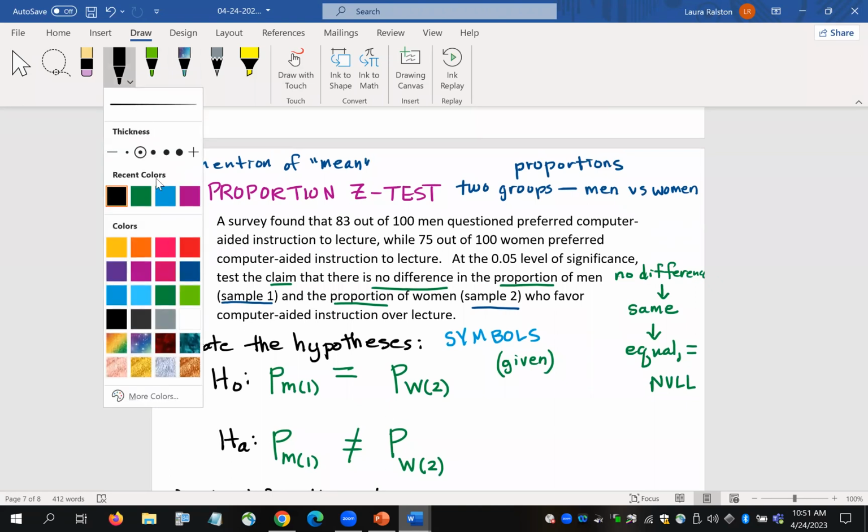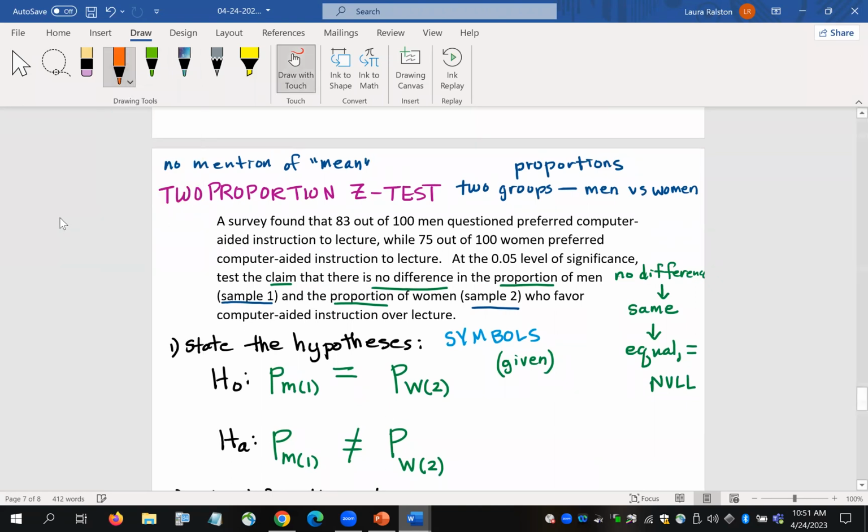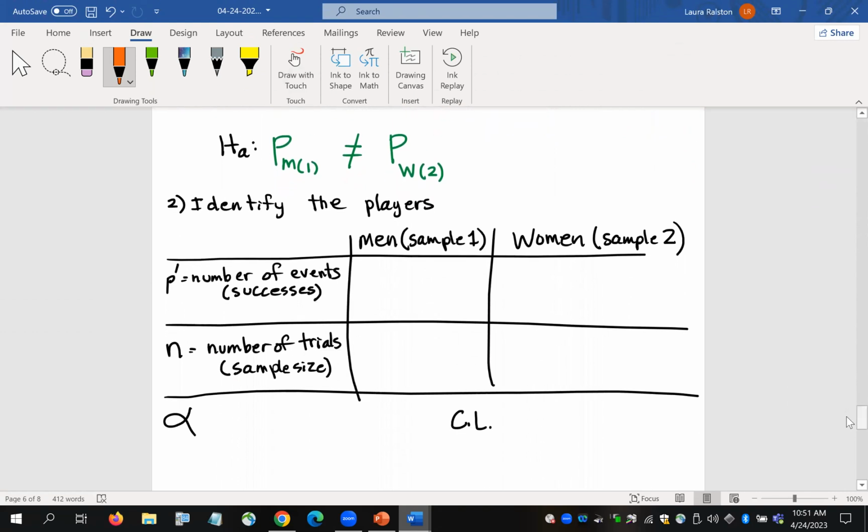If I go back and read, it says a survey found that 83 out of 100 men. So I had 83 successes and 100 trials for men.